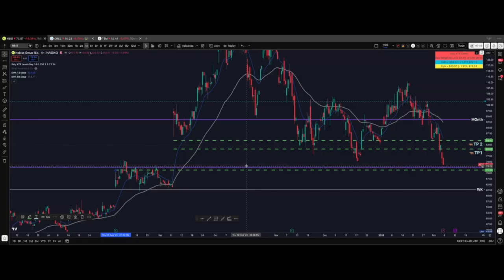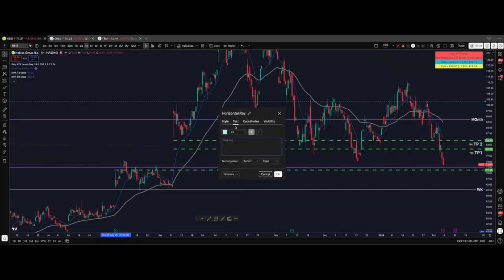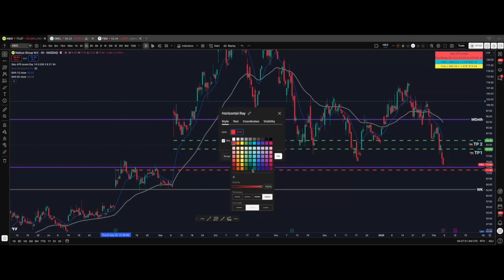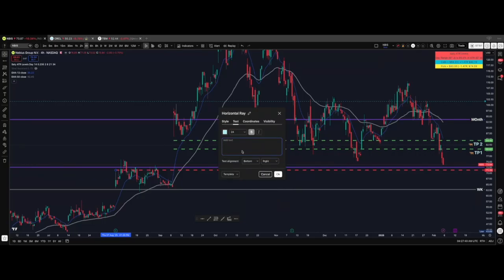I like that right there. It's my first take profit. And I changed these to red because it's going down and it's a bearish signal. So that would be this little bear guy here, and then TP1.